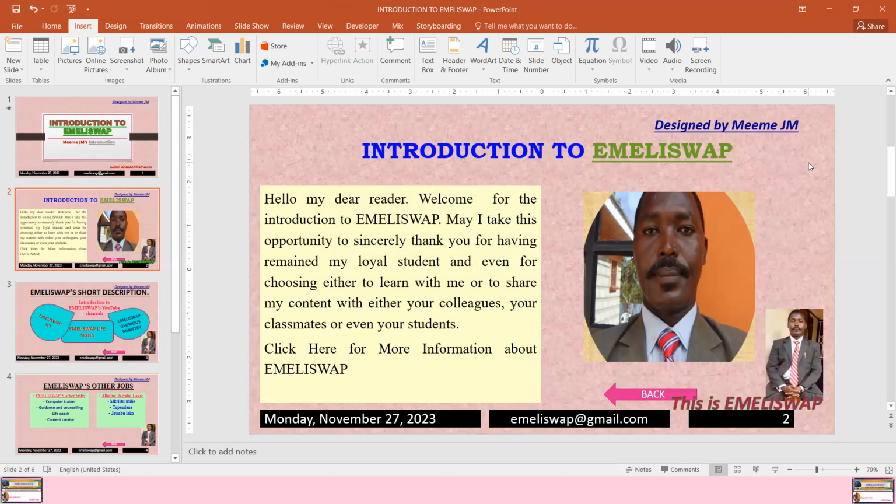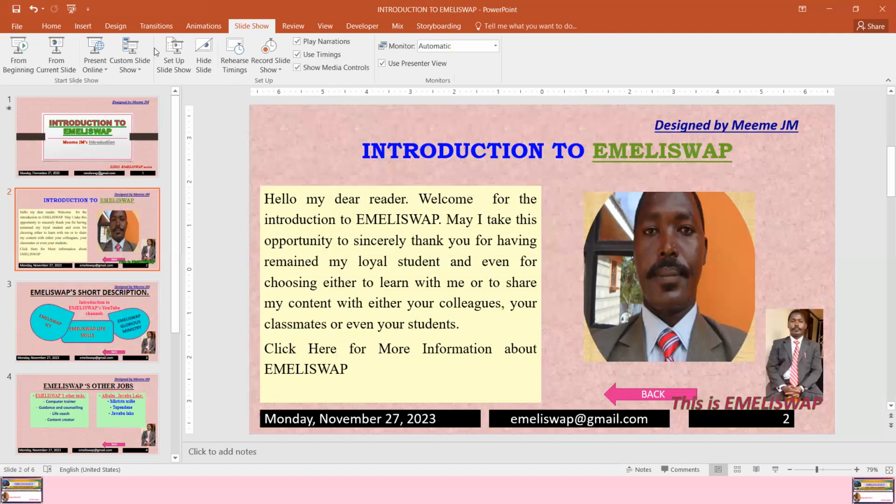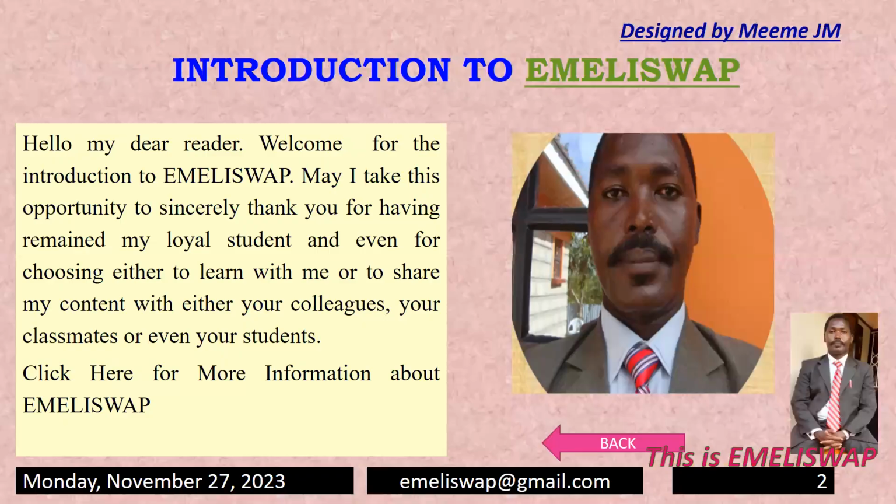Let's see if we are going to be taken to that slide when we are running this show. So let me click on slideshow and then I'll click from current slide. So if you are making a presentation and you want to take your audience to the acronym ML swap, you just click on this link.